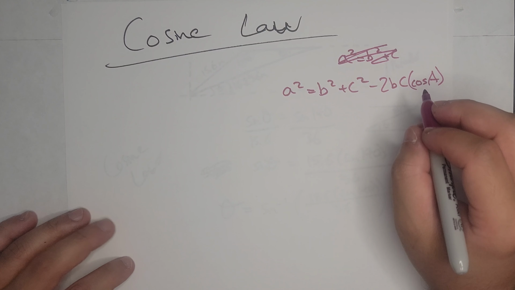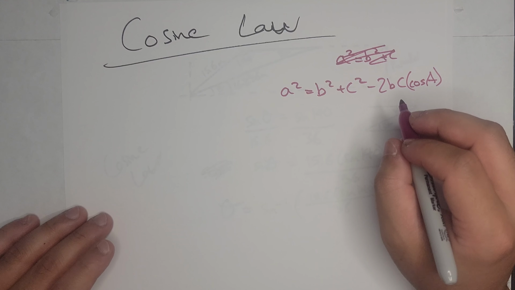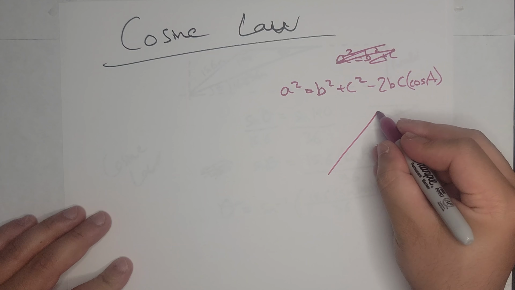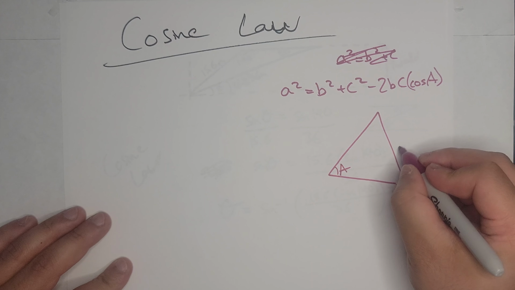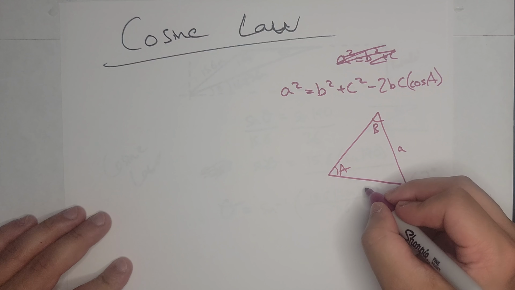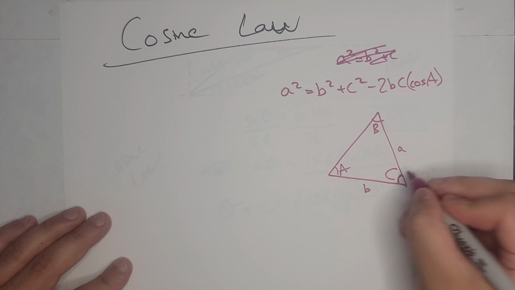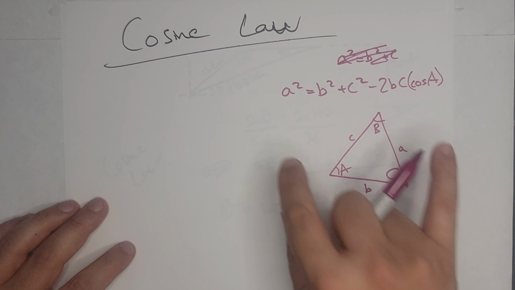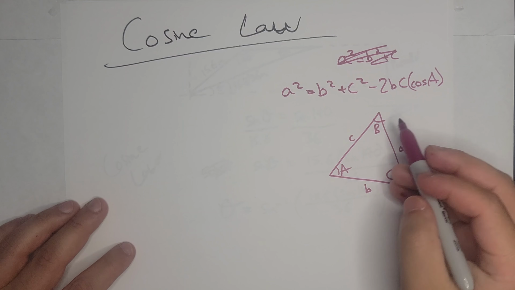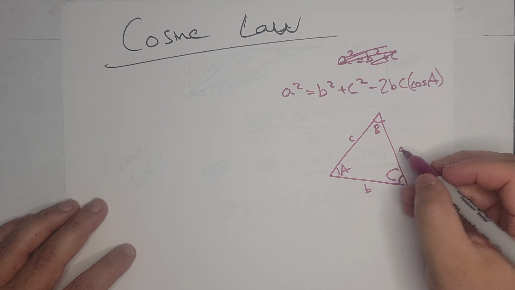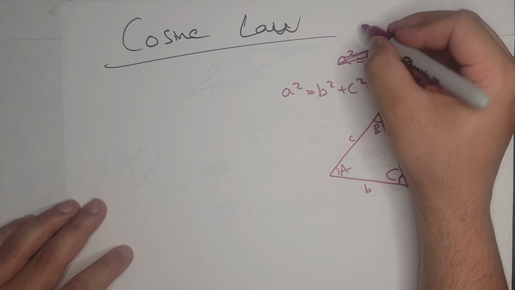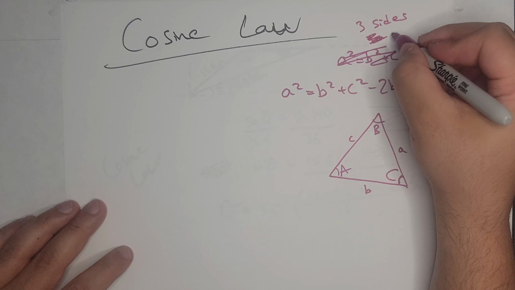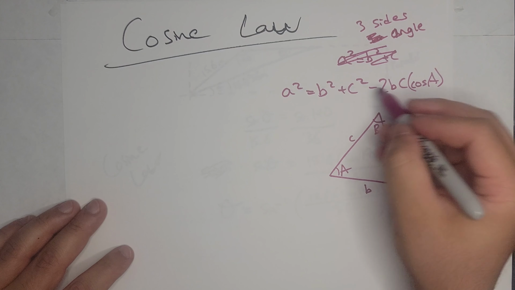And as well as, yeah, that should basically be it, because if I have any triangle, so if I have these two that I'm looking for, well, basically cosine law, if I have the three sides and I'm looking for one angle or any angle, I can use this.